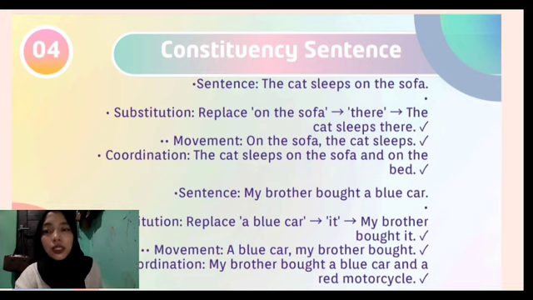So the next is phrases and constituents. A phrase is a group of words that functions as a single unit in a sentence. For example, the first is "the cat sleeps on the sofa": NP "the cat," VP "sleeps," PP "on," NP "the sofa." The second example is "my brother bought a blue car." NP is "my brother," VP is "bought," NP "a blue car."